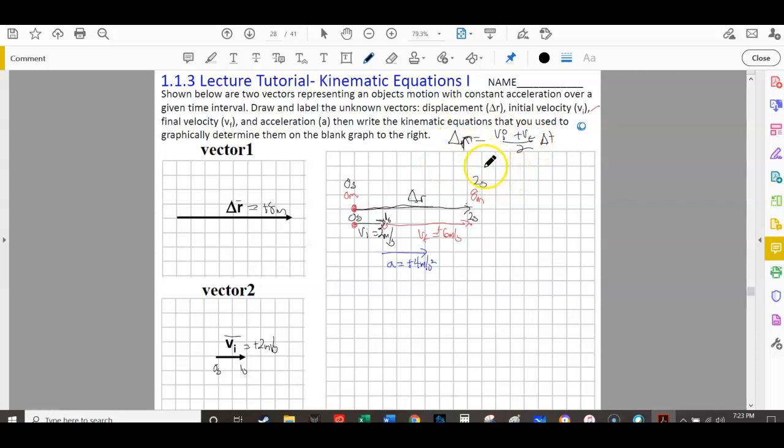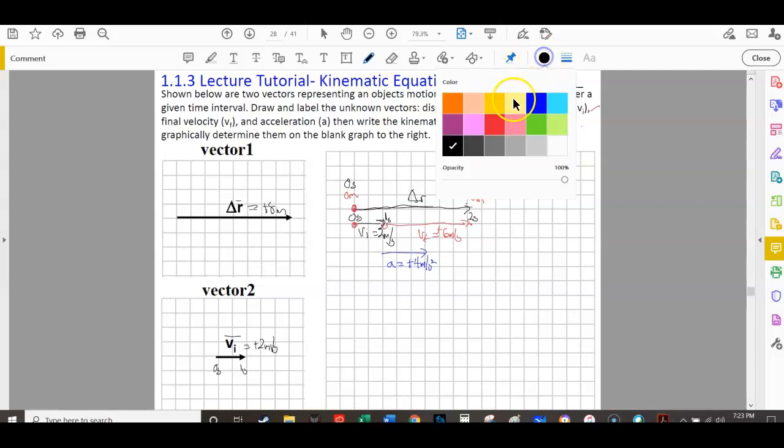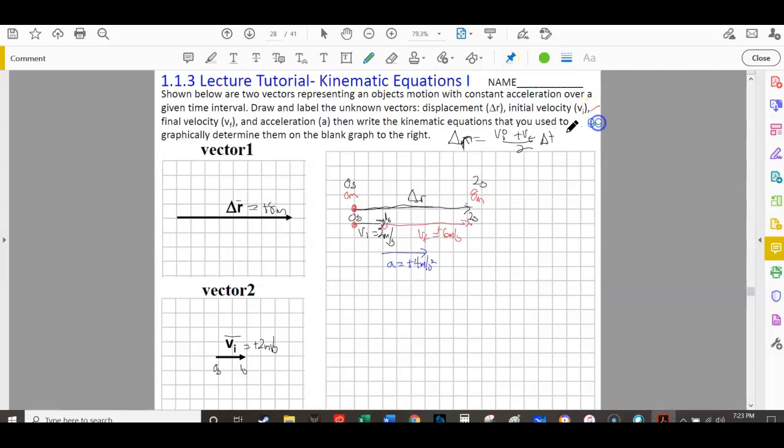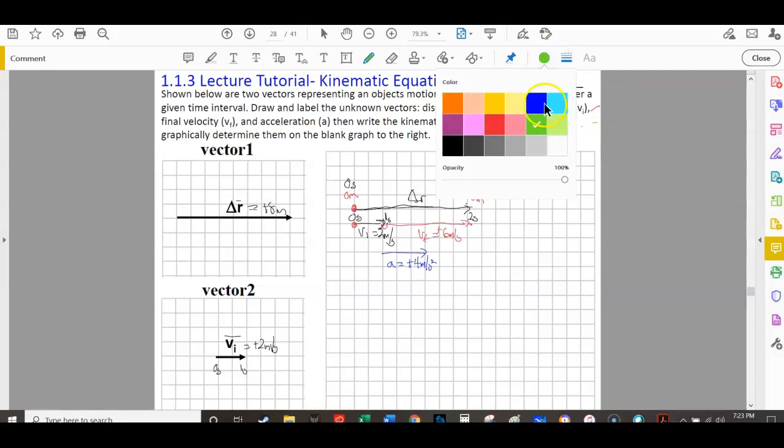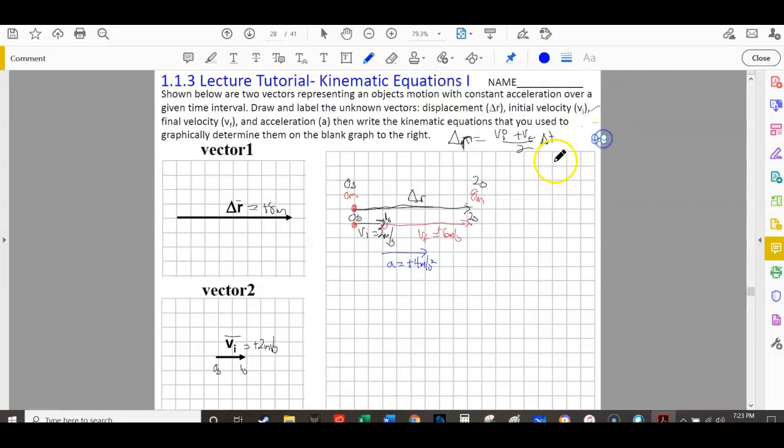So what I'm going to do is multiply delta r times 2, and I'm going to use a different color to make it easier to recognize. Let's use blue.